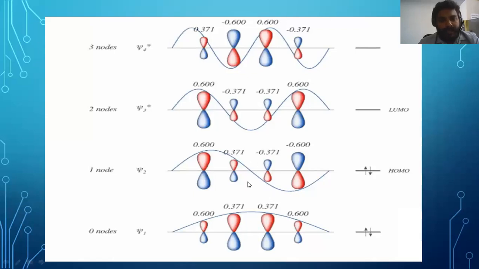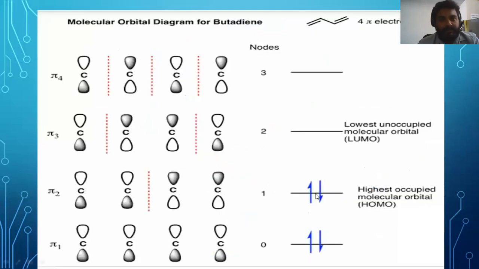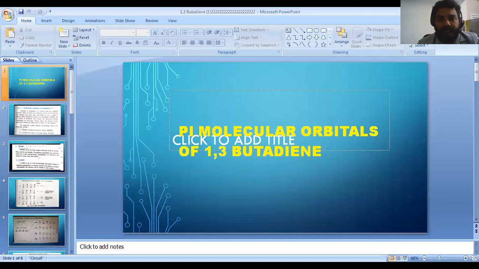Here is inside, here is inside, like this. LUMO, HOMO. Nodes: 0, 1, 2. Psi 1, psi 2, psi star, phi star, phi 1, phi 2. Very interesting. These are the molecular orbitals of 1,3 butadiene.